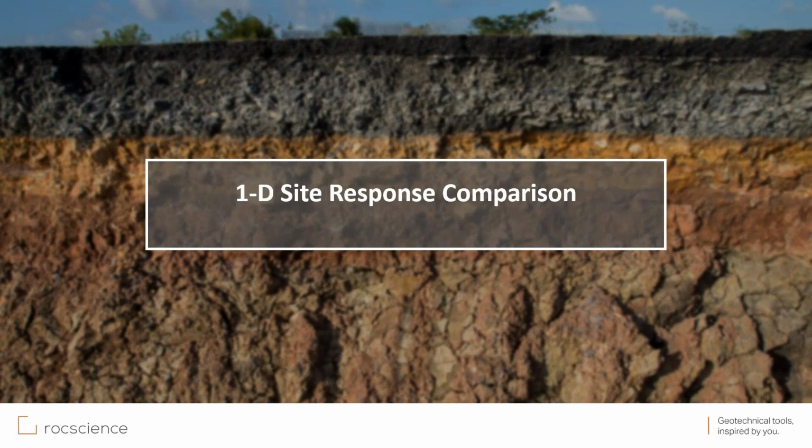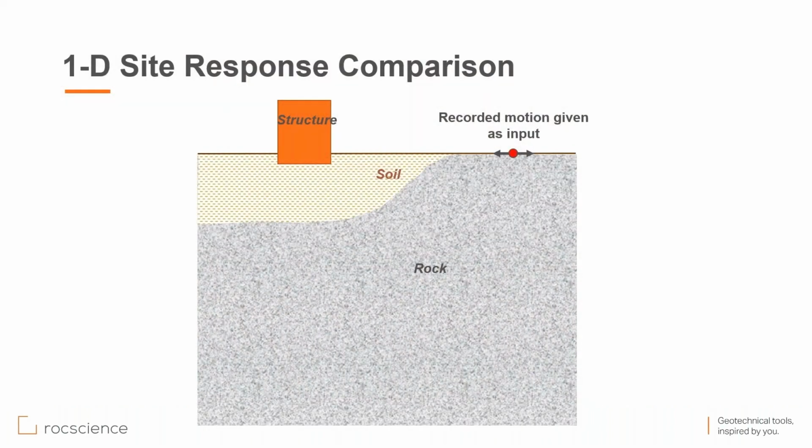So the first example that I'm showing today is the 1D site response comparison. Normally when an earthquake motion is recorded, the equipment normally sits at the surface or at some certain depth.